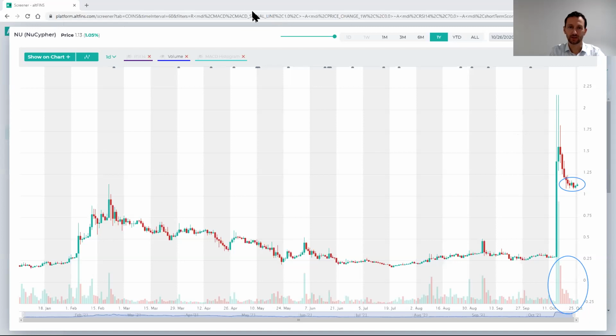And interestingly enough, if we look at the longer term picture here, notice that it's easing up, or it's flattening out.